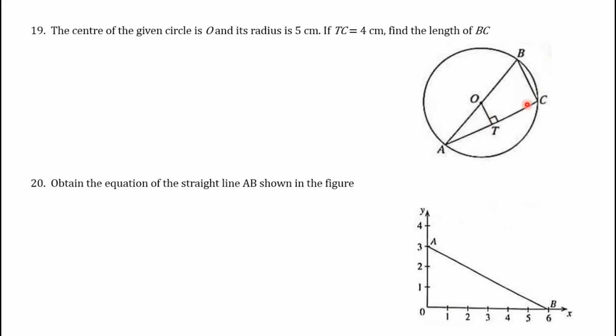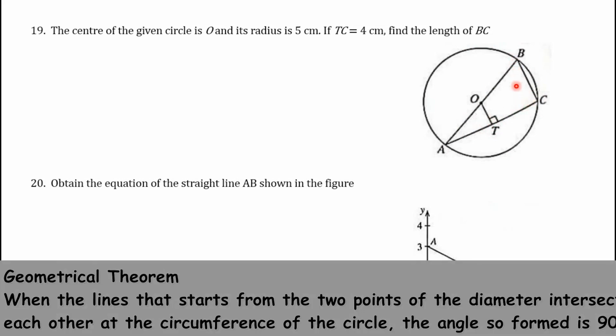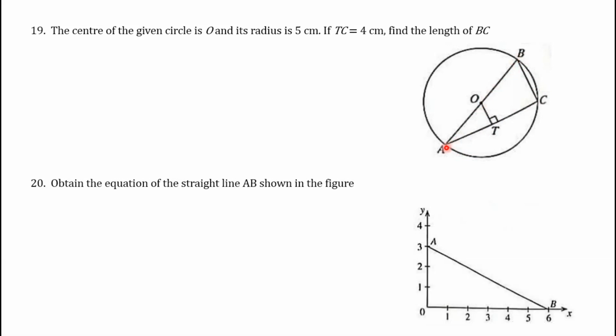If this is 90, this will also be 90, because if there are two lines that intersect each other, the lines start from the 2 points of the diameter and intersect at the circumference. Therefore, the angle at the intersection point, that is this angle, will be equal to 90 degrees. So this is 90 degrees and this is 90 degrees.